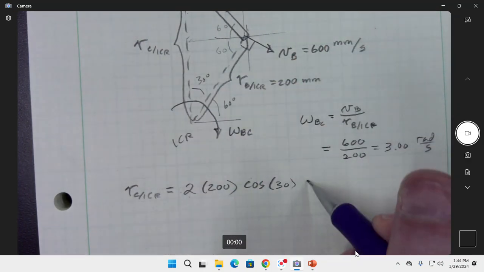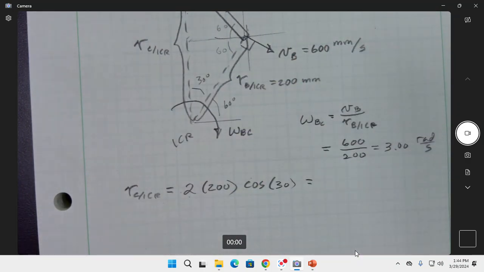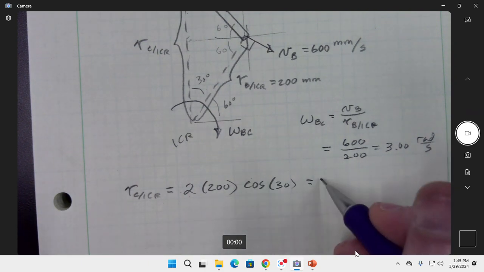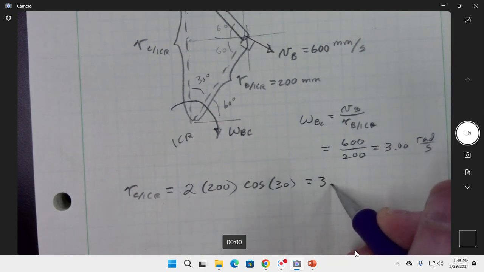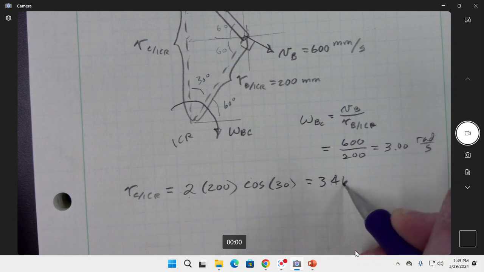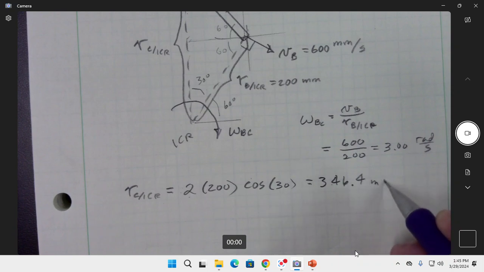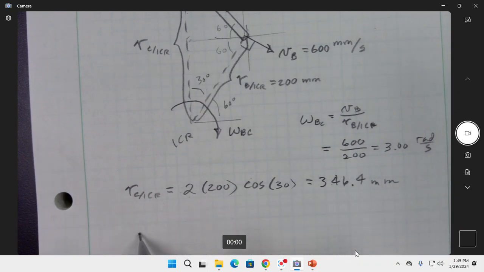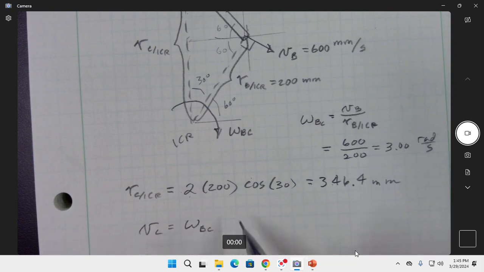So 200 times 2 times cosine 30, and I get 346.4 millimeters.